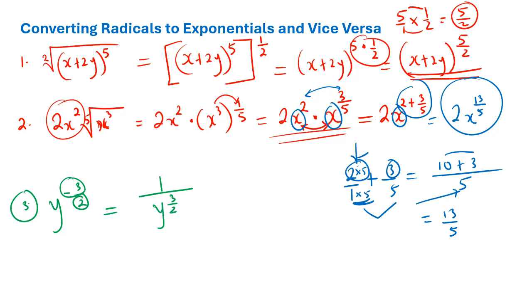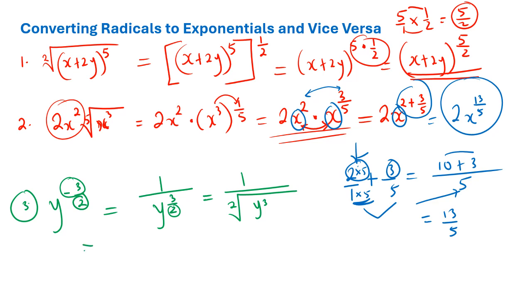You do the reciprocal of that to make the negative sign go away. Having this means that we're going to have 1 over. Now we can make the 2 in the denominator become the root, because these are exponents. So it will be the square root of y to the third power. This is what we get all together.